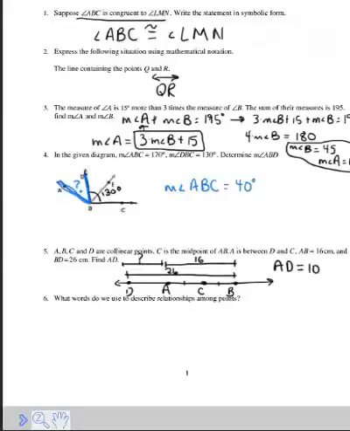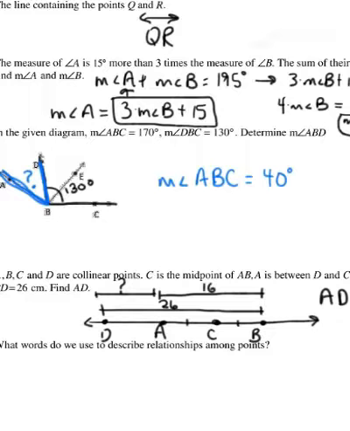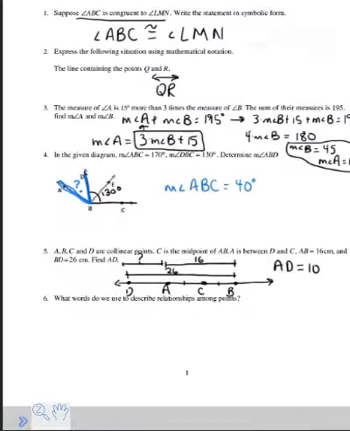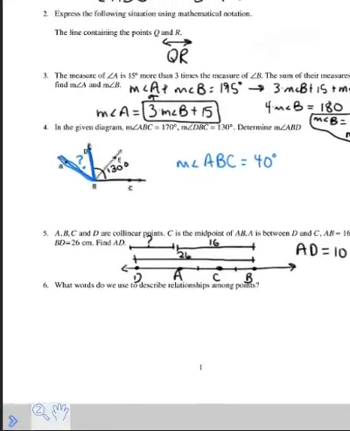Okay, number 6, what words do we use to describe relationships amongst points? Well, we just used one of them up in question 5. Points can be collinear. A group of points can also be coplanar, so I'm going to write collinear. Coplanar.